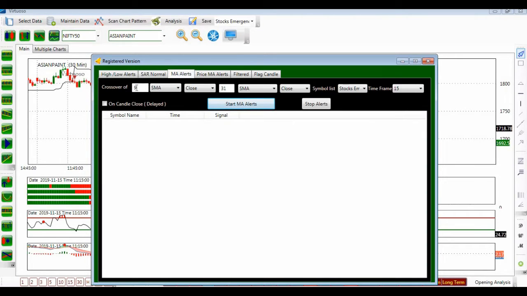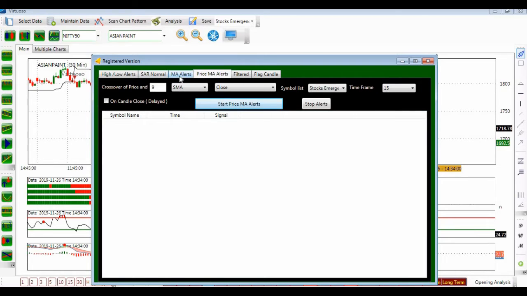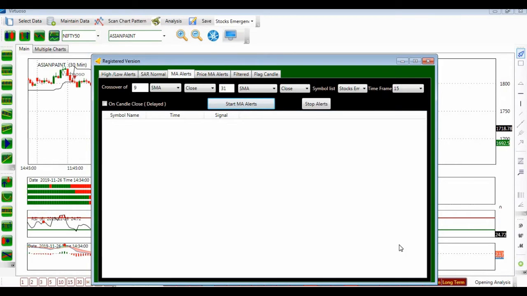So crossover of 9 simple moving average close and 31 simple moving average close price. You can select any from the list here, and you can also select the time frame. Say 30 minutes: any crossover coming on the moving average, it is going to give you alerts automatically. A pop-up would appear here and you'll come to know that a moving average crossover has happened.